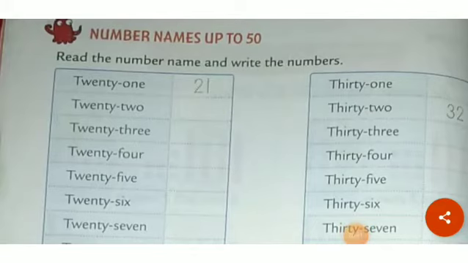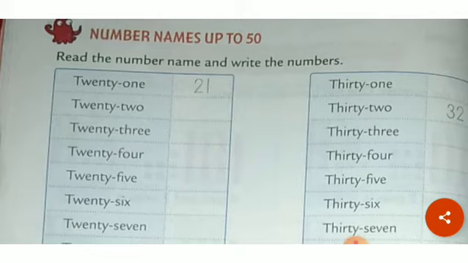Now the next page is page number 18. What is the topic? Number names up to 50. Here number names are given, and from the number names you have to write its number. Read the number name and write the number. So first, 21 can be written as 21.